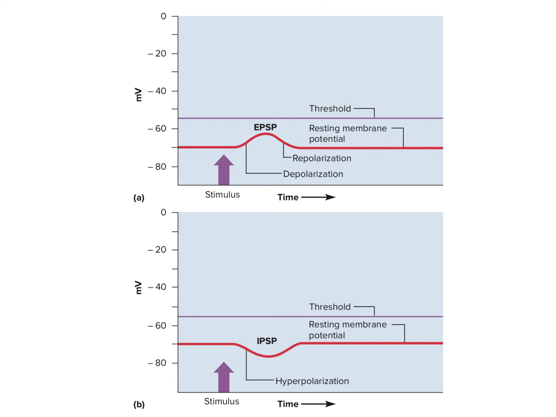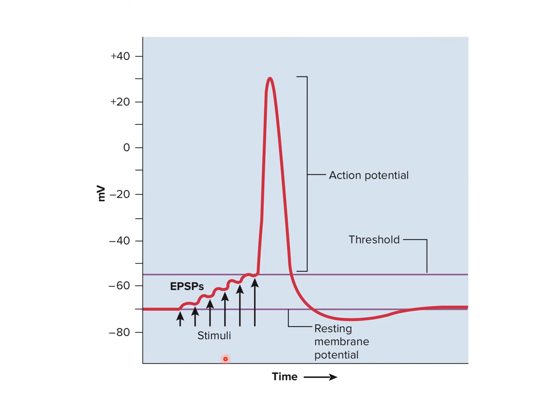Because of this concept. The concept that we have excitatory and inhibitory postsynaptic potential. And you can see that in order for a neuron to fire an action potential, we need to have many excitatory postsynaptic potentials.